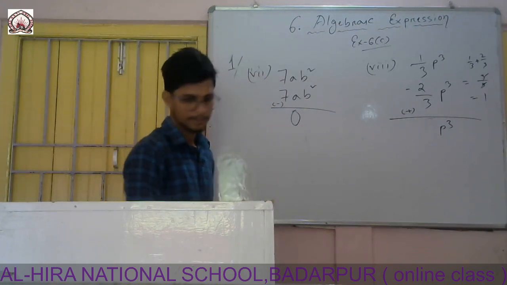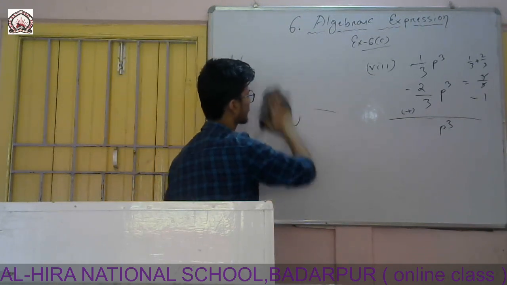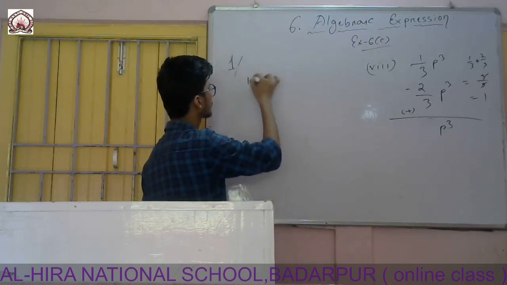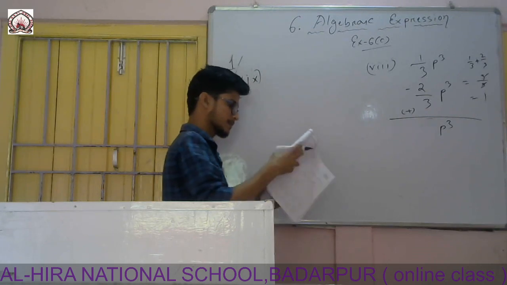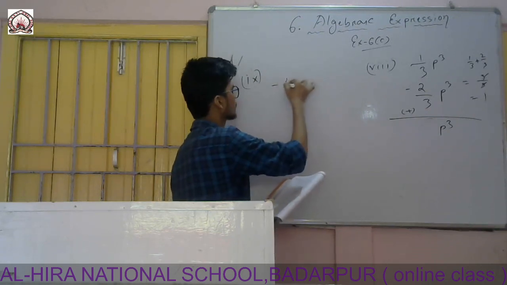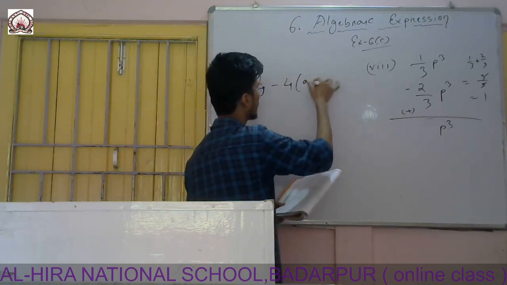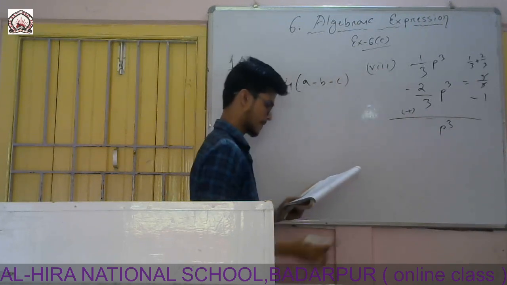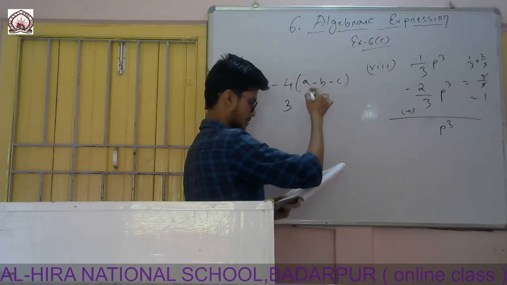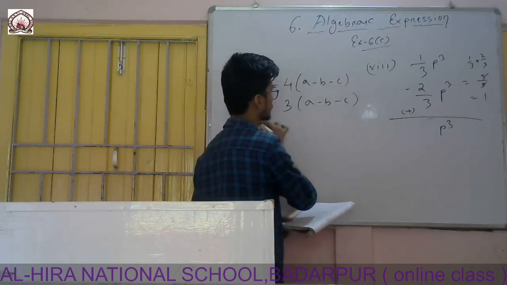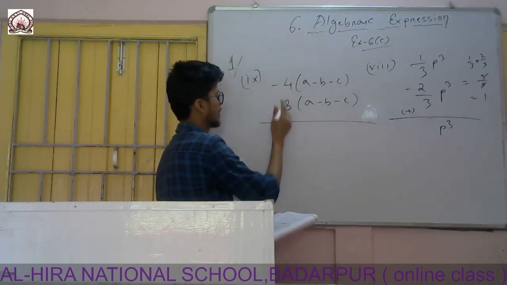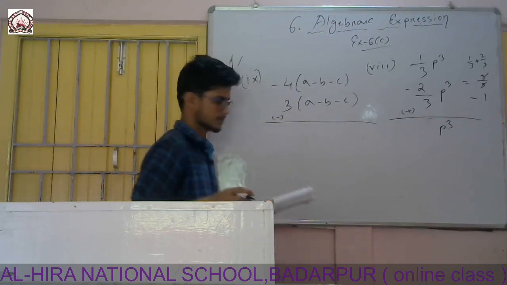So see Roman number 9. It is given minus 4a minus b minus c, and 3a minus b minus c. This part is the same in both cases, and it is plus, so I will change the sign. It will be minus.